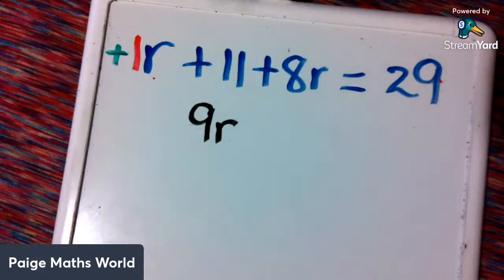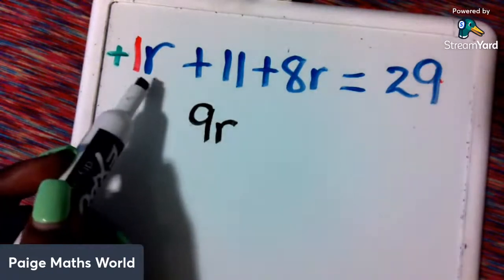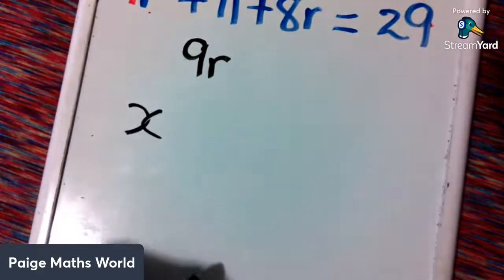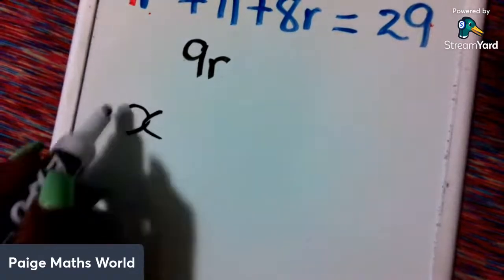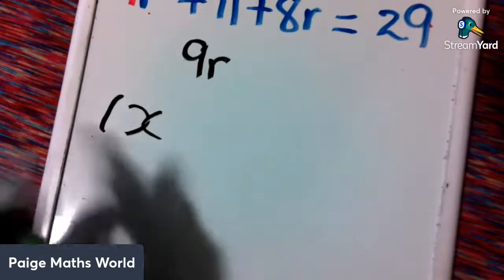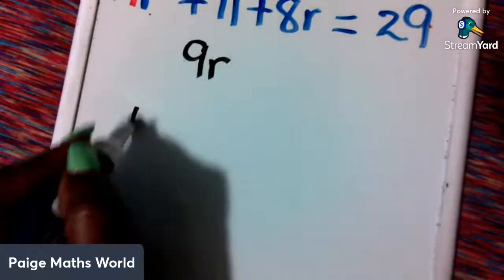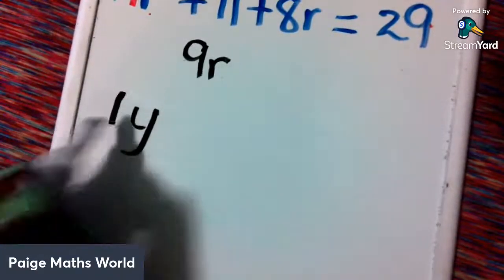No, it doesn't represent 1. The coefficient, the number in front of it, is 1. So if you have x by itself, the coefficient or the number before it is 1, right? So whenever you have a variable, any variable at all by itself, you have a coefficient of 1, right?